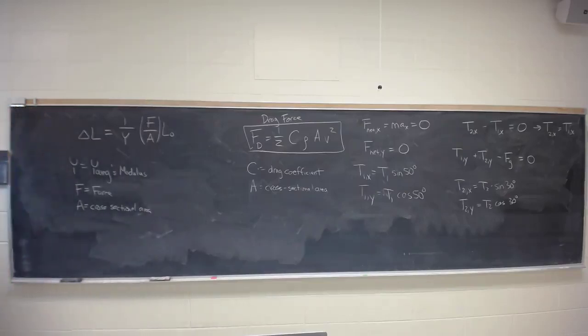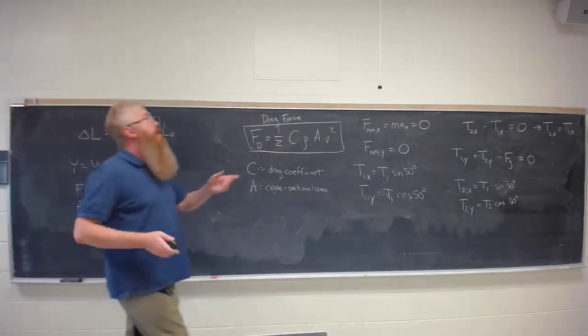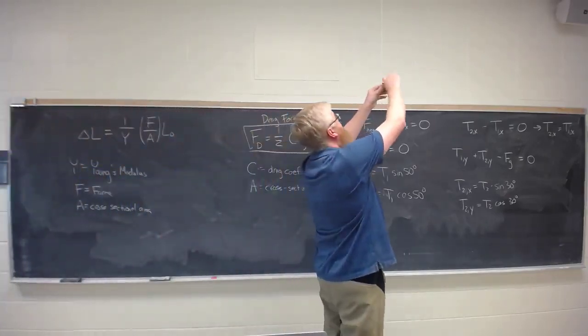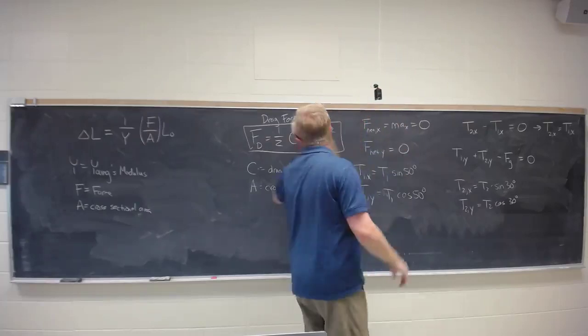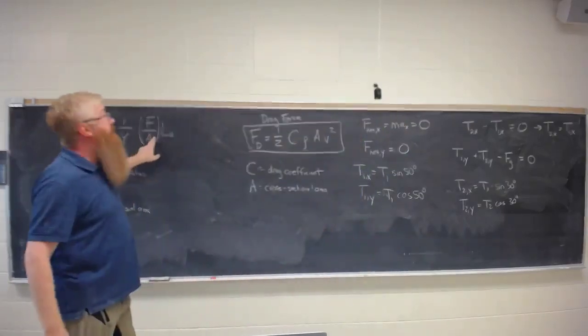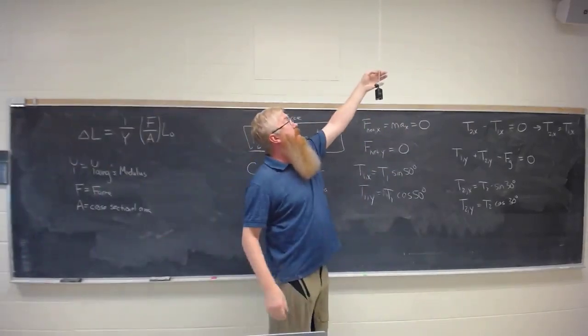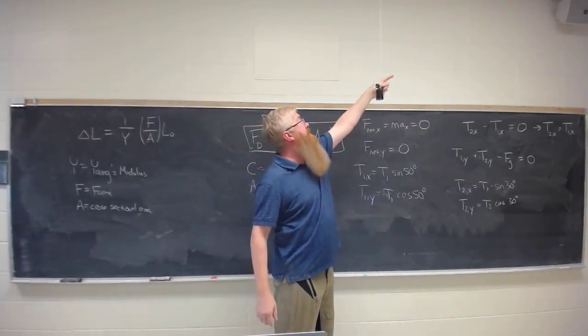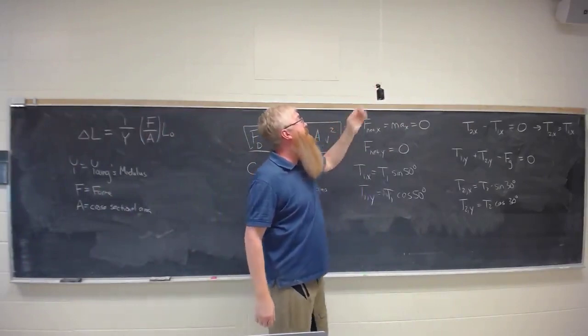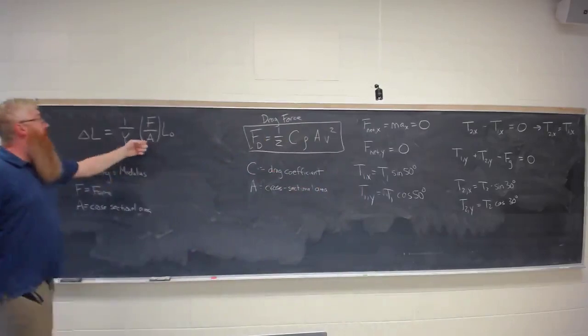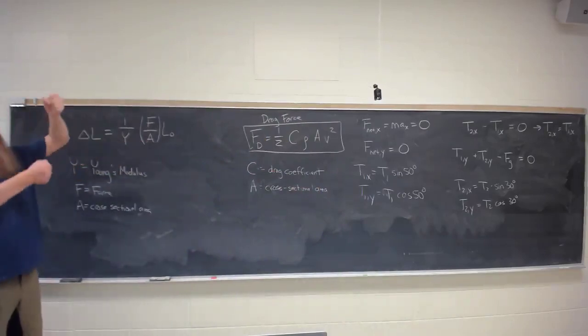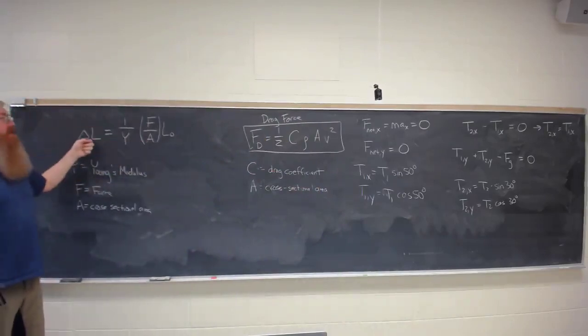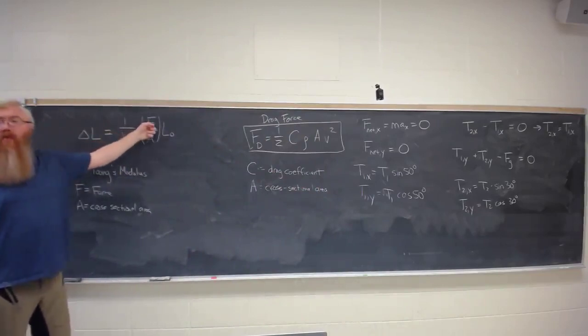So for example, that string that's dangling down right here, if I place a force at the end of it, the string has a cross-sectional area. It's not a super thick string, but it's also not as thin as the little string hanging next to it. If I know what that cross-sectional area is and I knew what the Young's modulus was of the string, I could tell you how much the string is stretched when given that force.